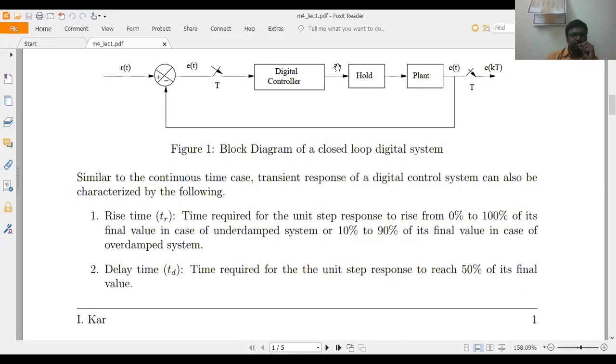The first specification of the transient response is the rise time, and it is represented as TR.